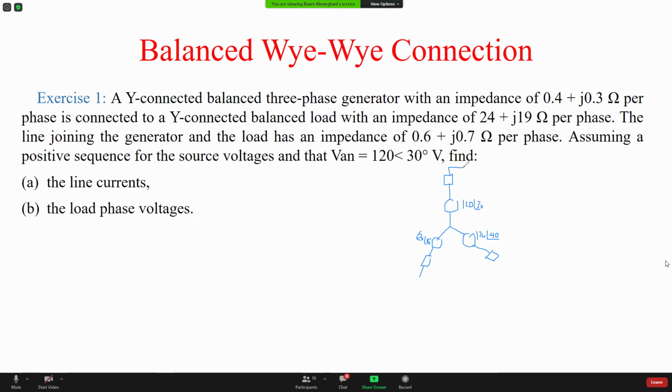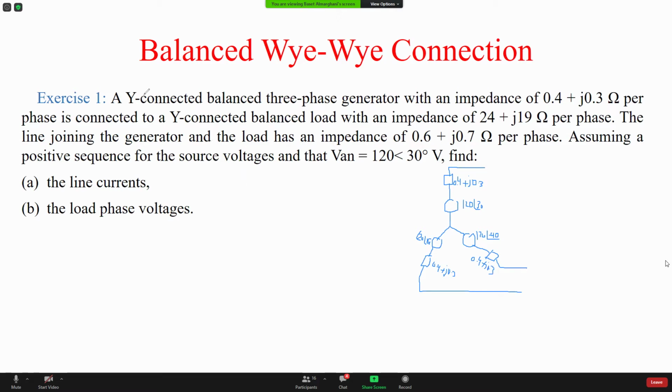And this impedance is 0.4 plus J0.3. Same for the second one, 0.4 plus J0.3. Then 0.4 plus J0.3.